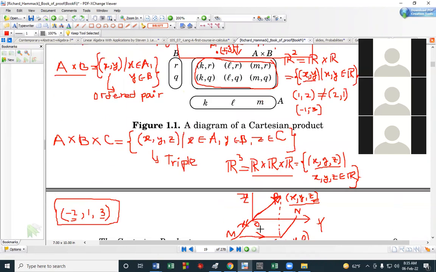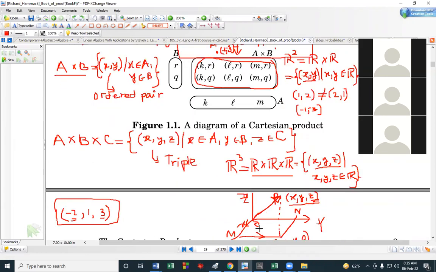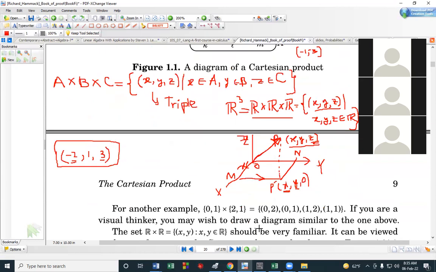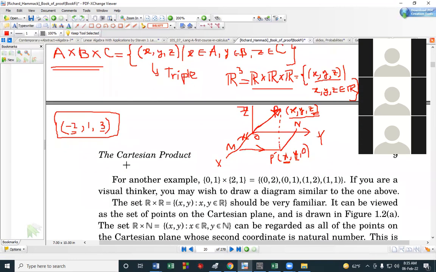So anyway, the Cartesian product is a very useful thing. At least we can represent our usual plane in a 3-dimensional space from the Cartesian product of real numbers. If you want to, you may continue to take the Cartesian product of an arbitrary number of sets. Maybe it will be meaningful in different contexts.